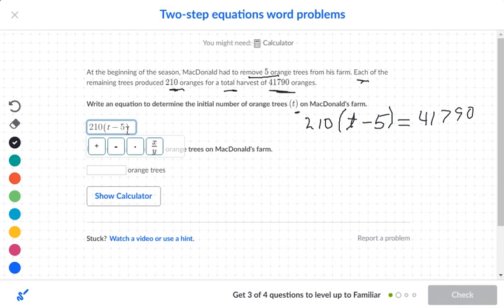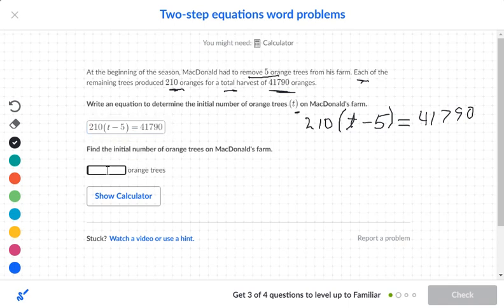But see, we're removing the 5 trees. So we can't go 210T because that 210 is per tree that's left over, and we don't know what that is. So we got to take that T minus the 5 in parentheses, then times it by the 210. So now we're going to press the equal sign, and then we're going to go 41790.